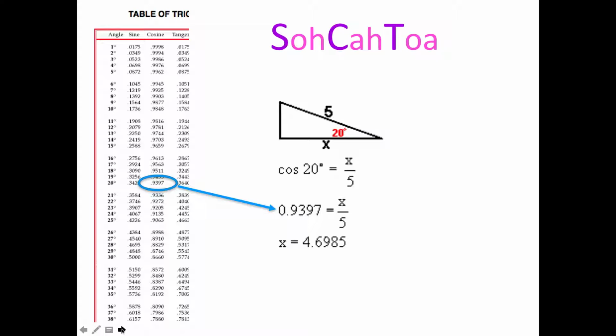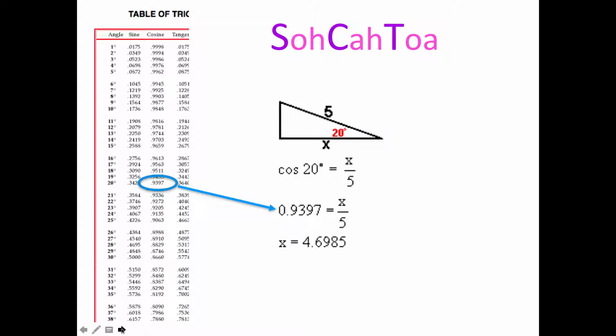I have my decimal, and now I'm going to solve for X. Multiplying both sides by 5 will get me 4.6985.